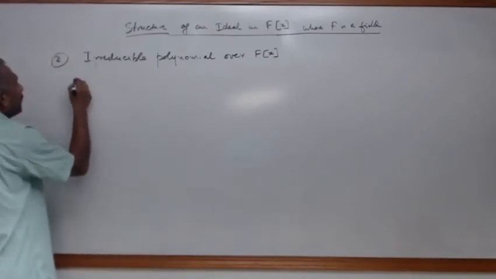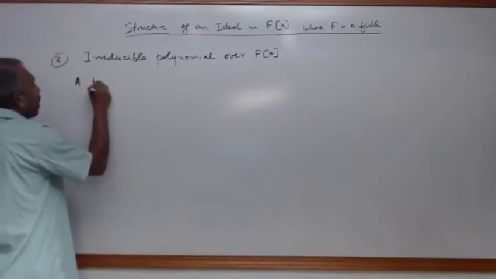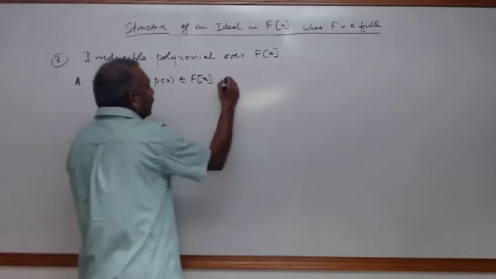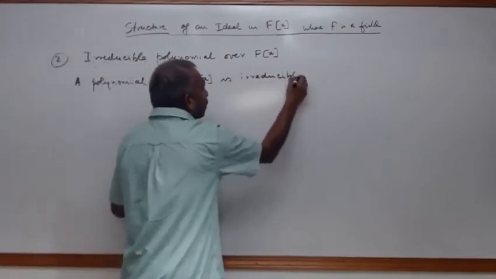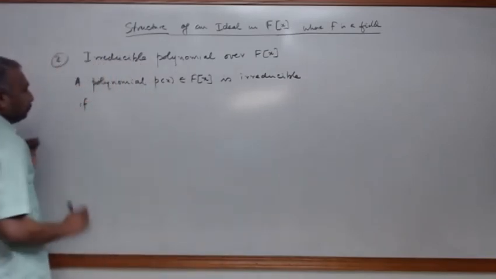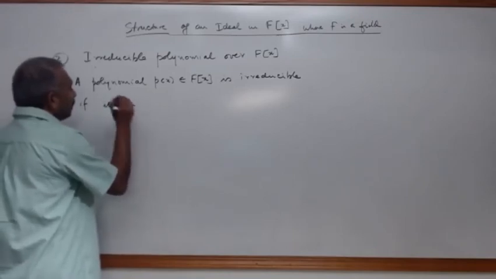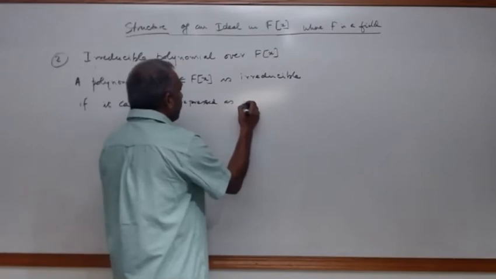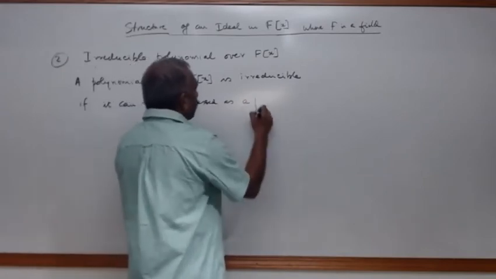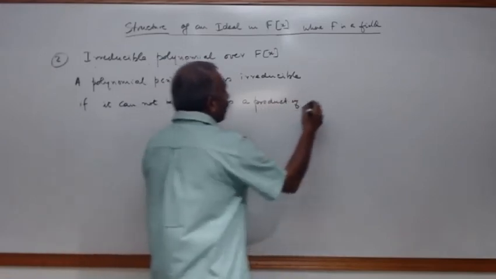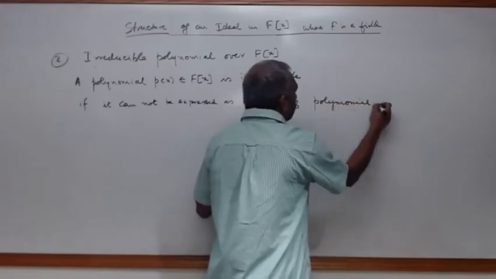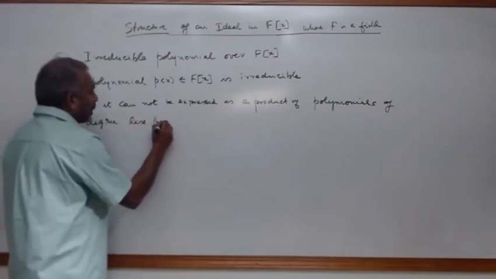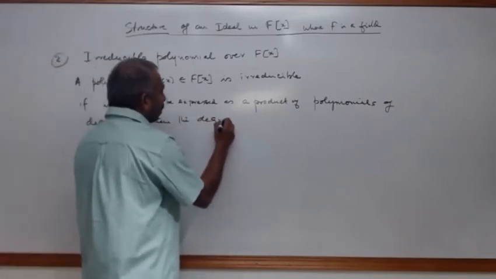The definition goes like this: a polynomial p of x in F of x is irreducible if it cannot be expressed as a product of polynomials of degree less than the degree of p of x.